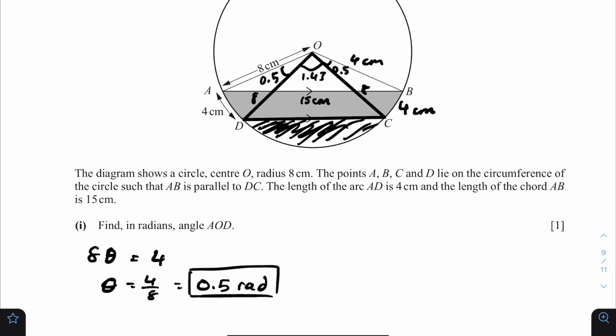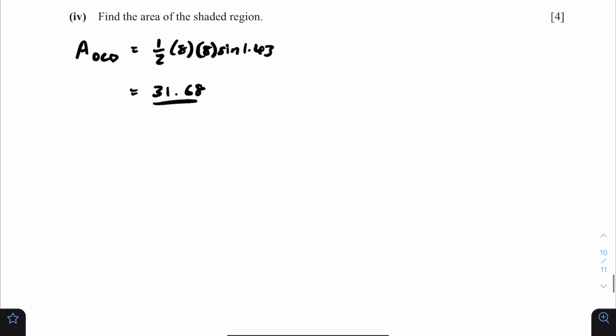Now we can find the area of this sector. This sector has angle 1.43 and a radius of 8. So sector area is half theta r squared.